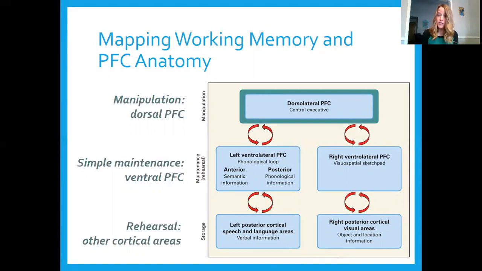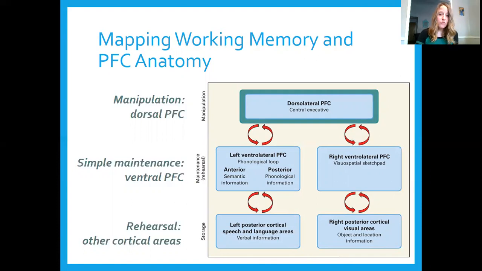In maintenance rehearsal for verbal information. If we look at your visuospatial sketchpad, we see that this is associated with activity in your right hemisphere that is processing, rehearsing, and maintaining this visual information.